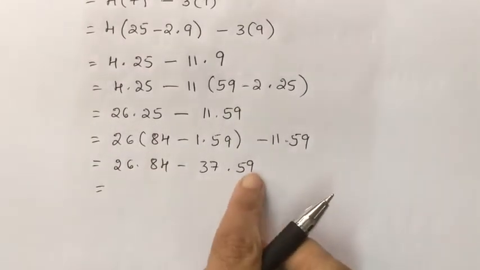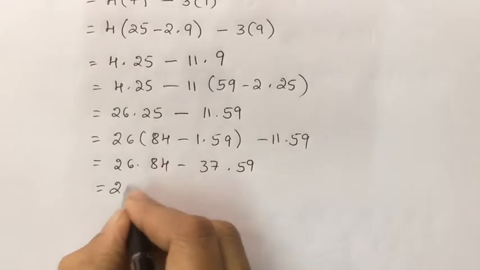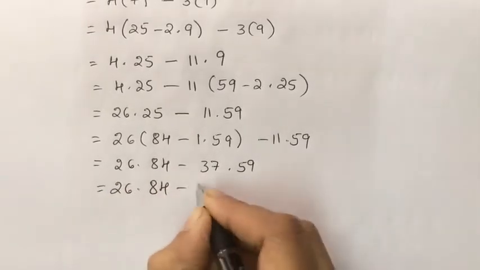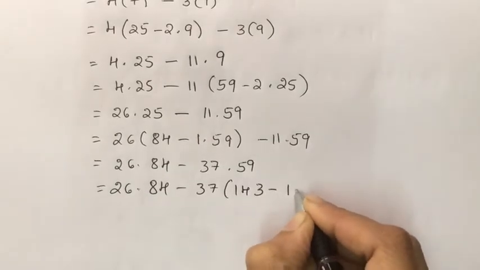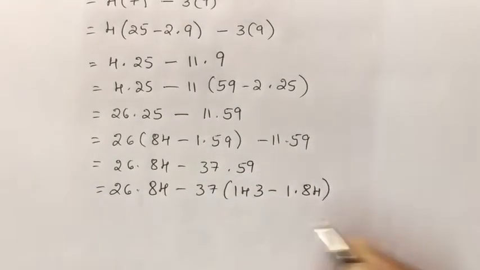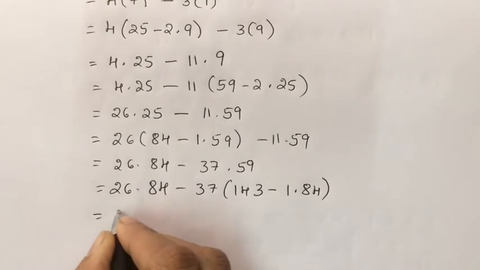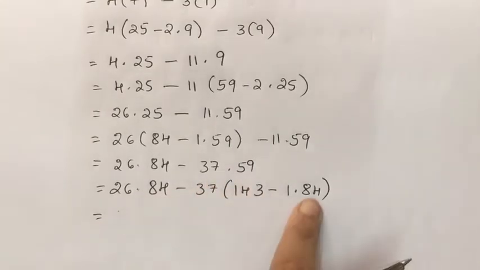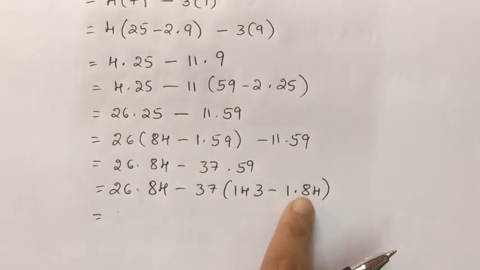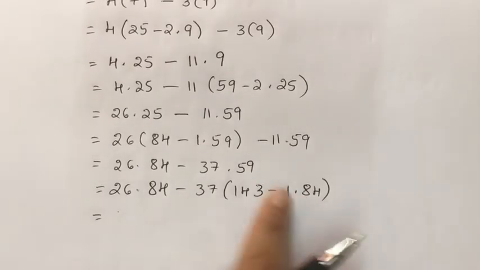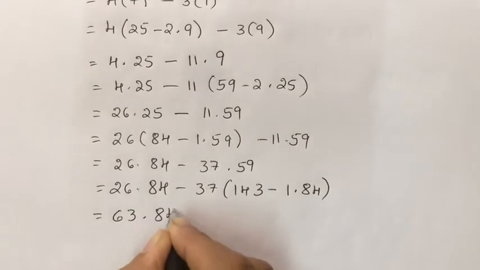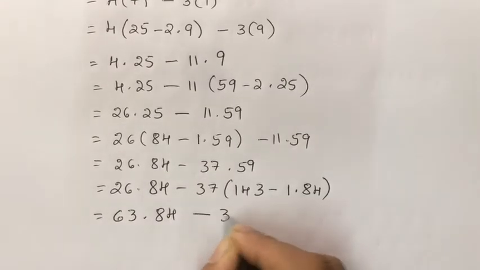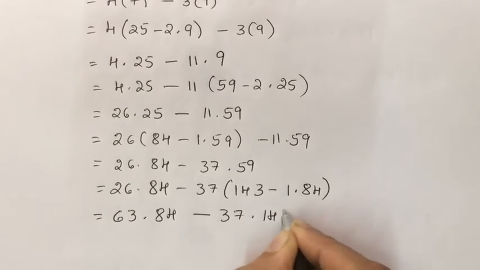Now I'll rewrite this 59. 26 into 84 minus 37 into 143 minus 1 into 84. So this will be 26 into 84 minus 37 into 84, minus minus plus. So this will be 63 into 84 minus 37 into 143.